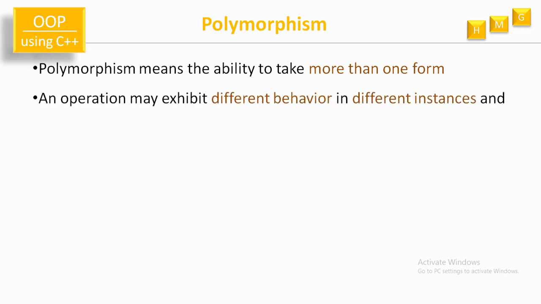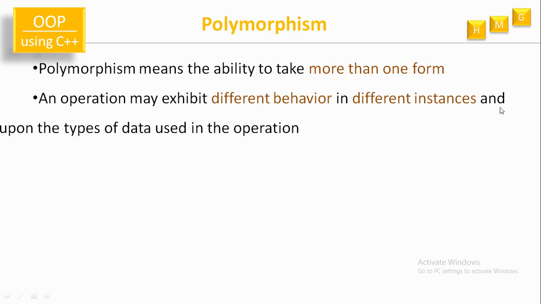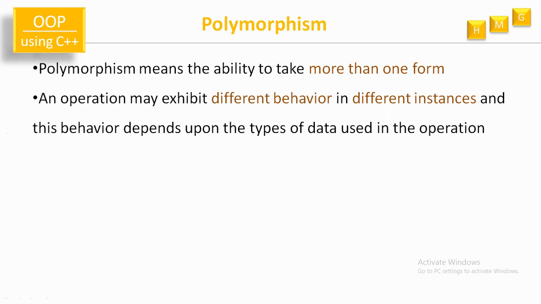an operation may exhibit different behavior in different instances, and this behavior depends upon the types of data used in the operation. So there will be a certain operation, that is, the operation will be performed by a function, and the function may perform different operations depending on what type of data is used at that time or at that particular instance.